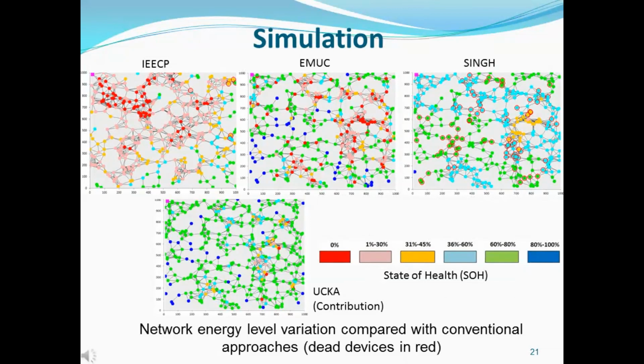The other approaches, which use unequal clustering, show better energy distribution. However, they do not take into consideration the battery aging. Therefore, we observe that some nodes exhaust most of their energy to transmit their data. Our contribution is the less colored figure. It shows less variation of energy level among nodes, which reflects a better distribution of energy consumption.